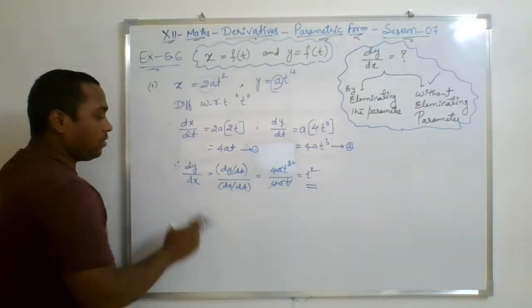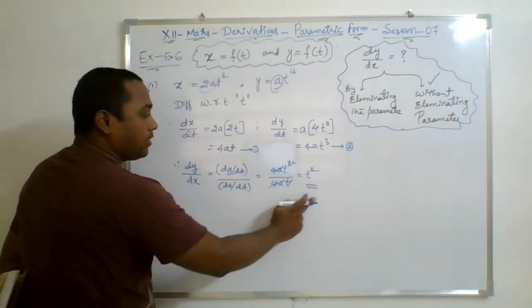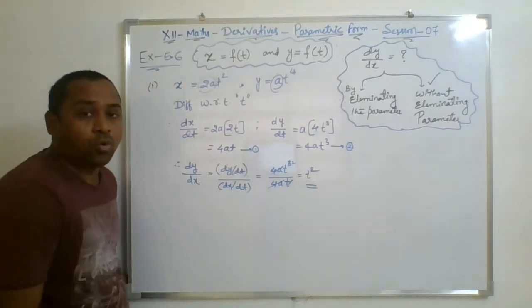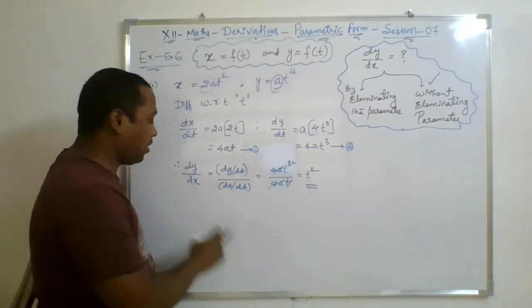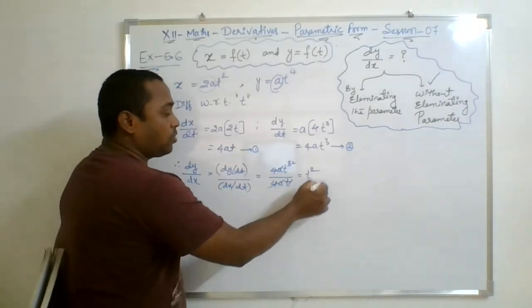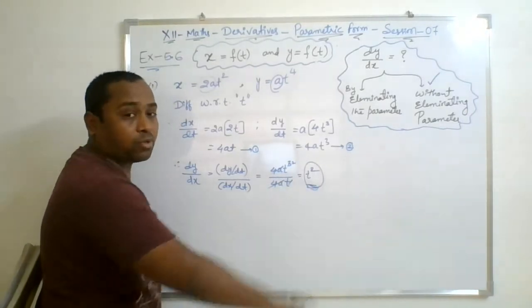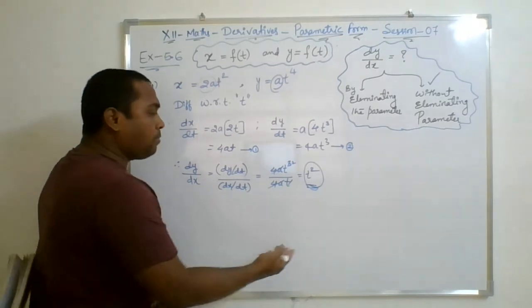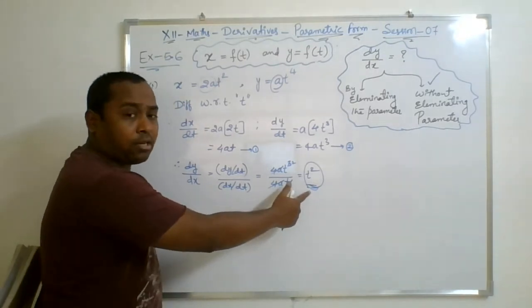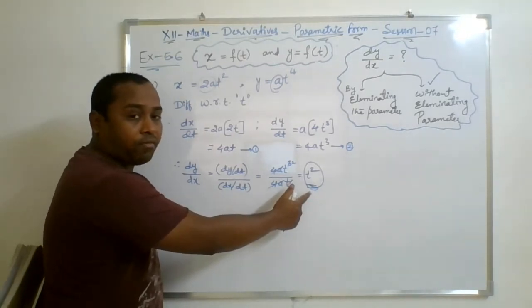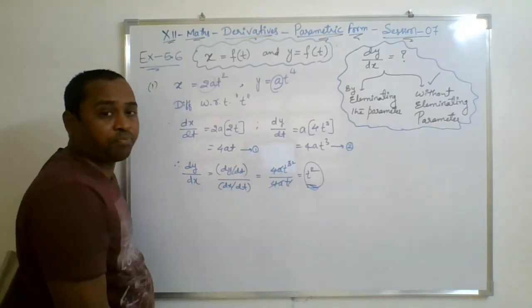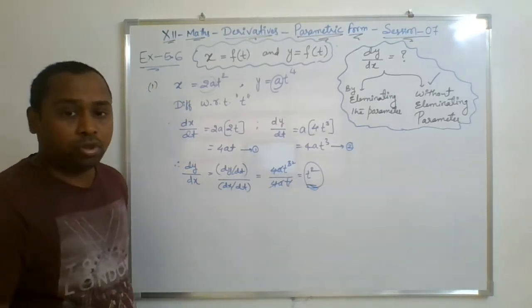So the answer dy by dx is t square. So no need to be surprised that the answer is in terms of t, that is in terms of the parameter. Sometimes you get the answer in terms of the parameter, that is the common variable, and sometimes not. It depends on the question.